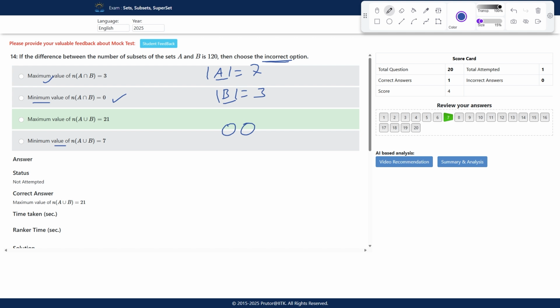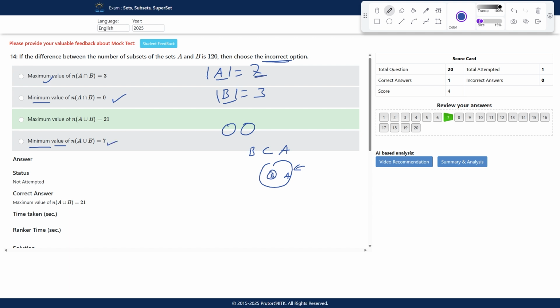For last, the maximum and minimum value of n of A union B. The minimum value is very simple. Suppose B is a subset of A, meaning in a Venn diagram you can represent B inside A like this. Then A union B will be set A itself, and in A you have 7 elements, so you will get 7.